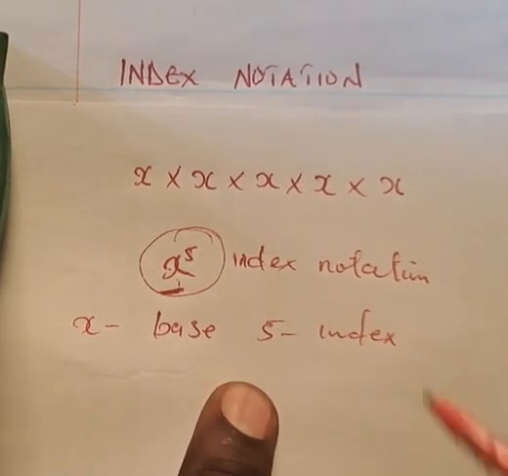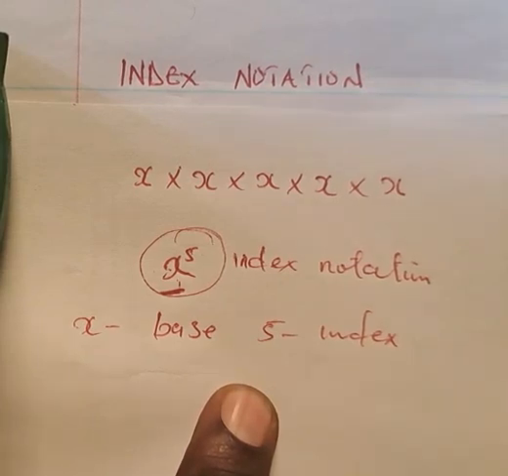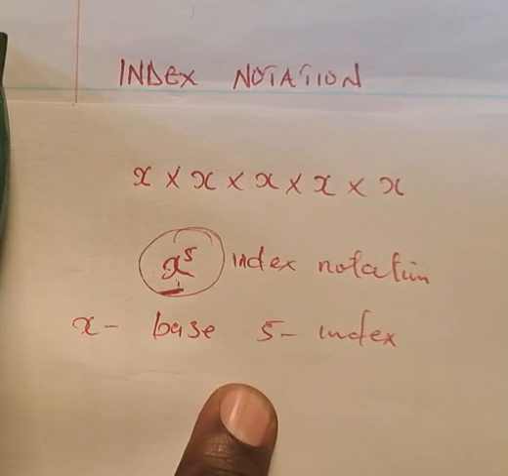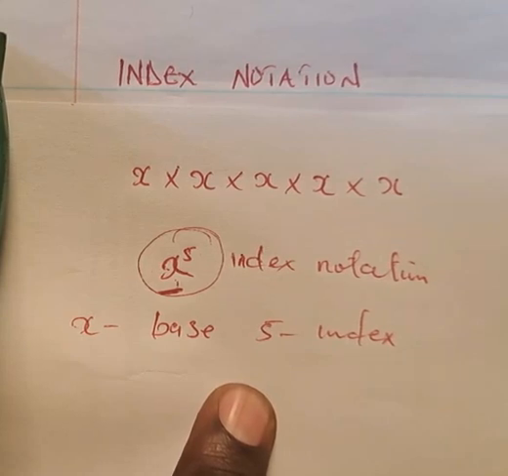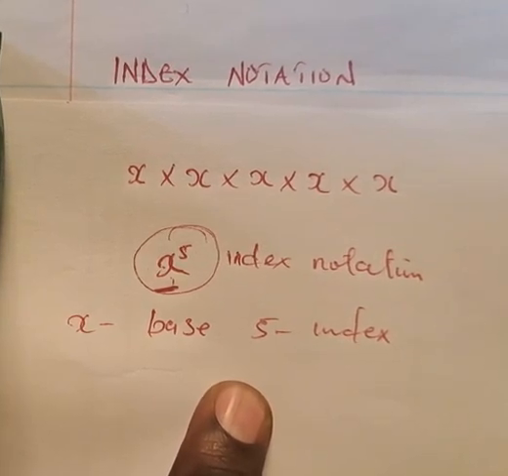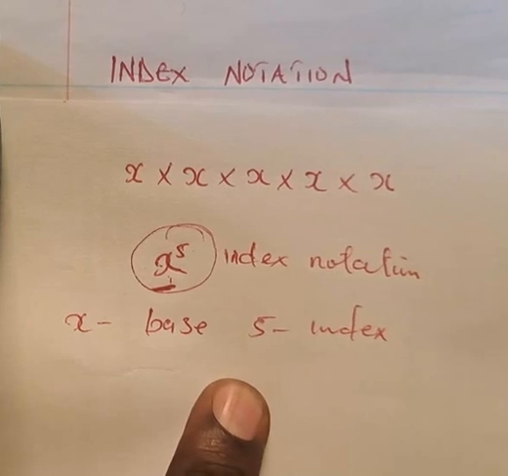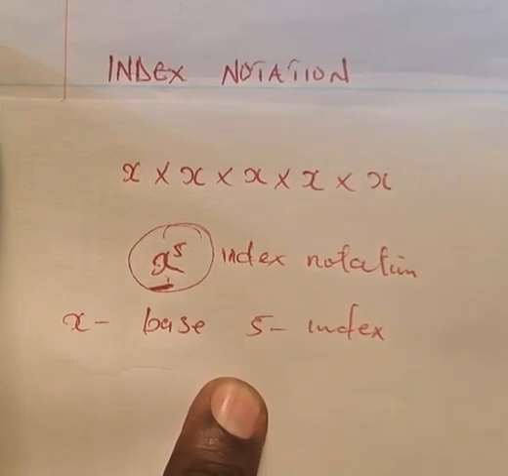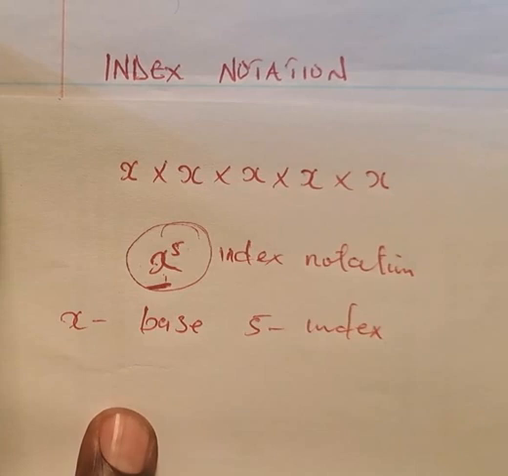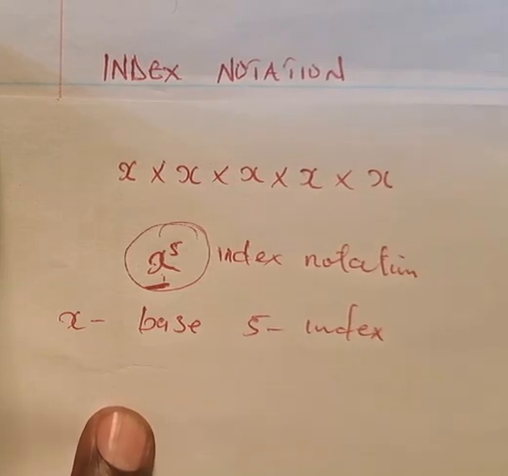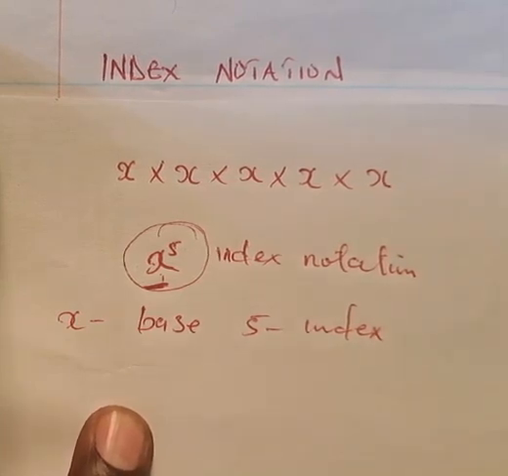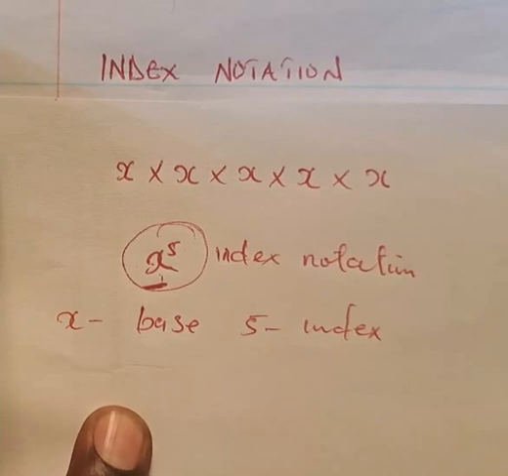In an exam, you're going to receive questions where they give you the base, and the index is unknown, and it is an equation. You have to find the value of x. Remember, x is very important in mathematics.